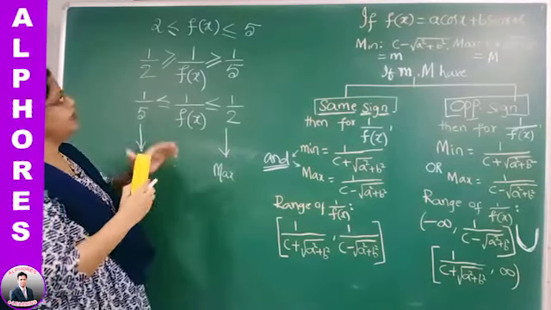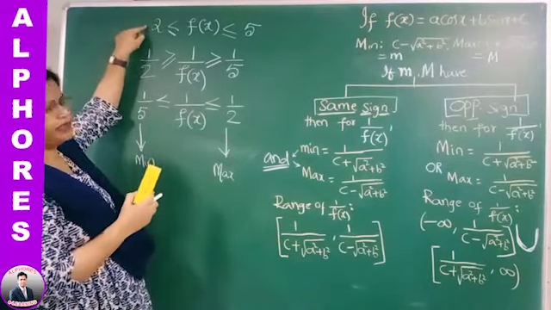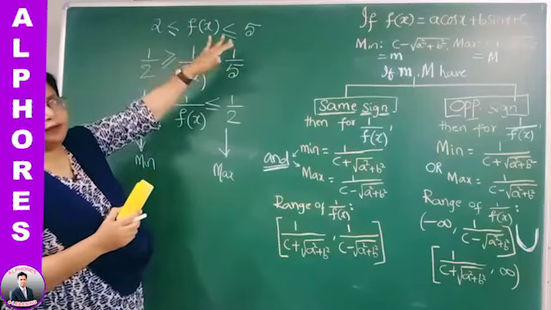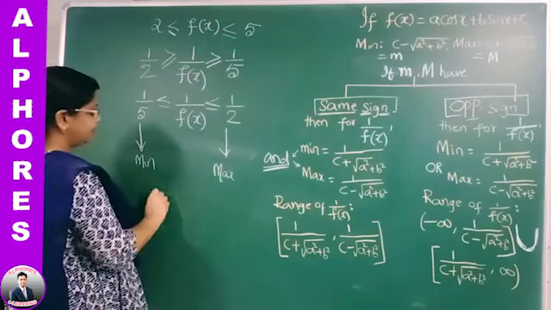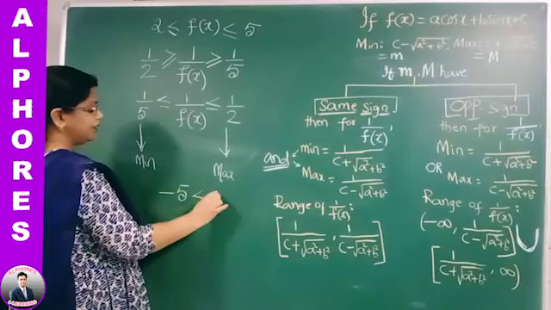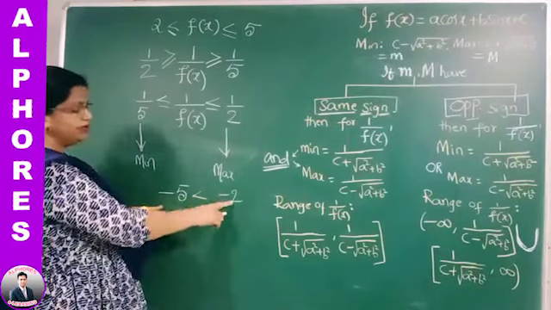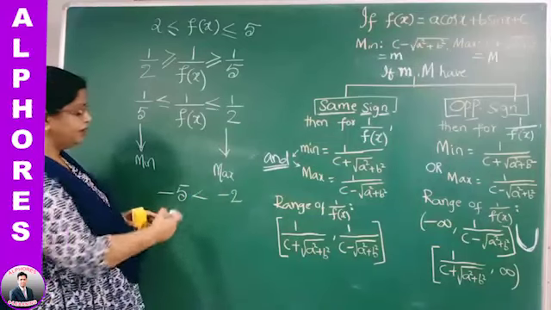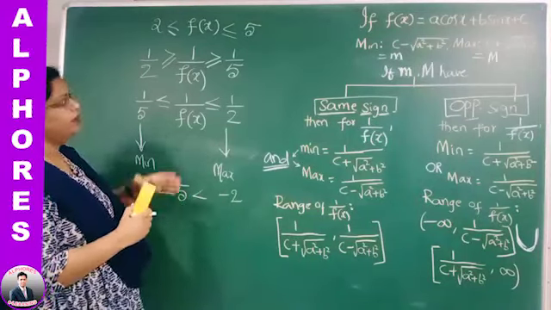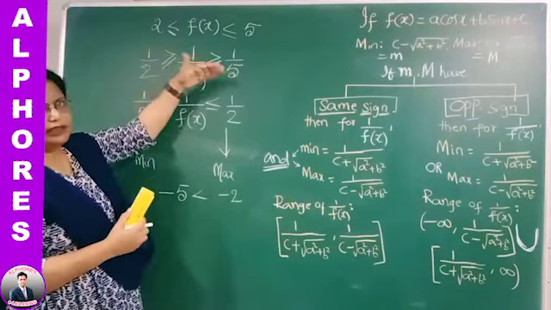Now suppose we have minus 2 and minus 5. You know minus 5 is less than minus 2. Once you have minus 5 less than minus 2, if I take the reciprocal, again you need to change the symbol.